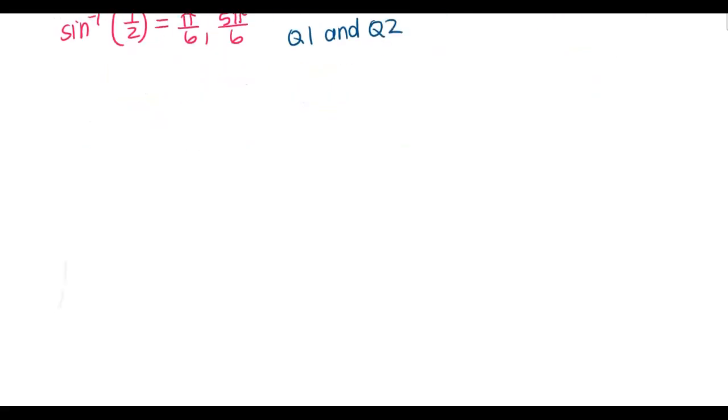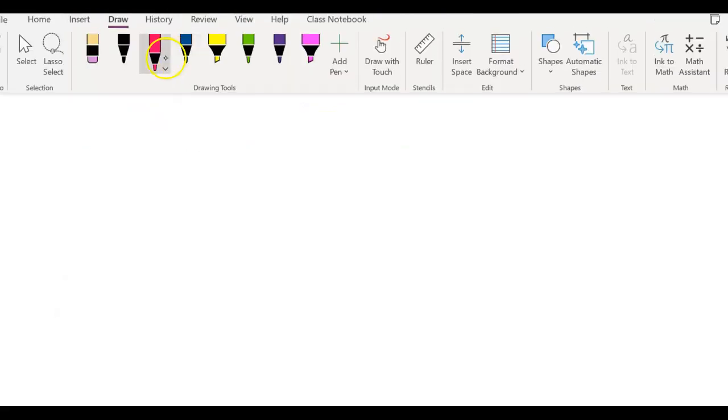Okay, so let's try a different one. Similar, but a little different. So what if we had the cosine of theta equals 0, right? We would still take the inverse cosine of 0. So we're asking ourselves, where does the cosine function equal 0? And remember, cosine always has to deal with x.